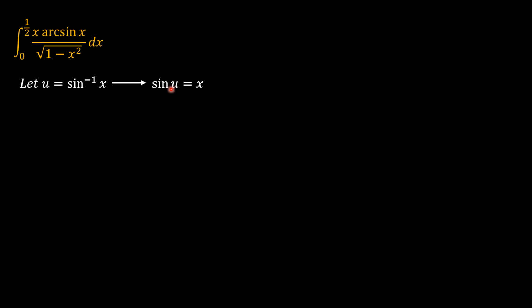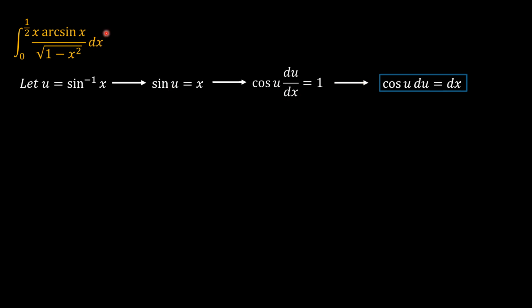And so what that means is that when we differentiate both sides, we have cosine u du dx being equal to 1. And if we multiply dx to both sides, we get cosine u du being equal to dx. And that means that now we can substitute off this dx component with cosine u du.